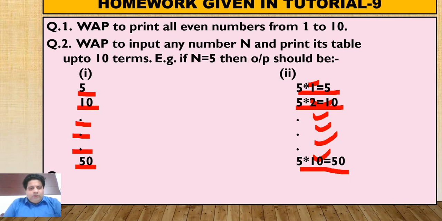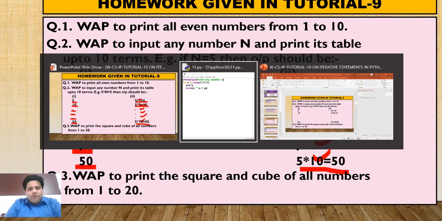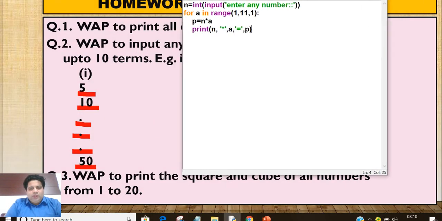Now the last program was: write a program to print the square and cube of all numbers from 1 to 20. Again for loop will be used. See how?